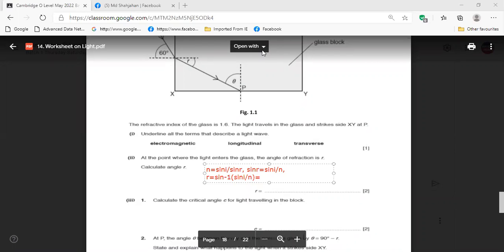Still calculating? You are still calculating so long.